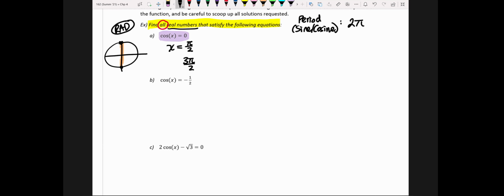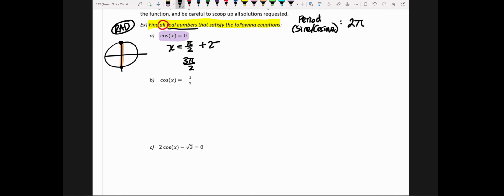Okay. Step 3, you're going to add period times k to each solution because we know that the solutions will repeat every period. When you add a period, we know from the graph, period captures one cycle and then it repeats. So when you add period times k, you get all the angle measures that are coterminal that also satisfy the equation.